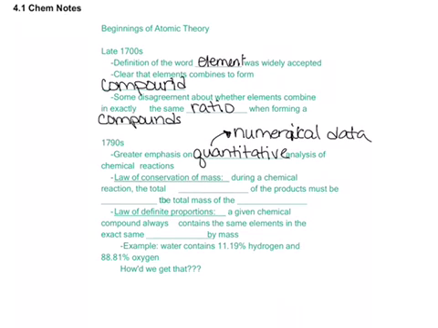And so with that, they came up with the law of conservation of mass. And that says that during a chemical reaction, the total mass of the products must be equal to the total mass of the reactants.